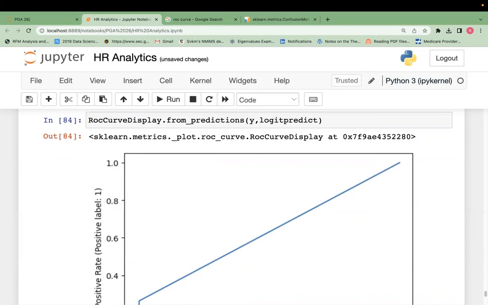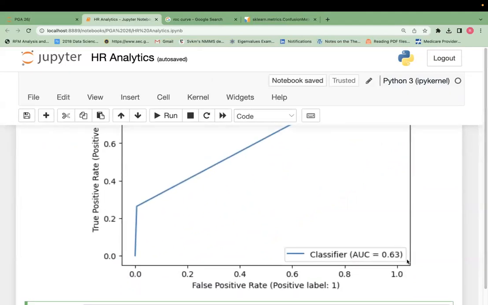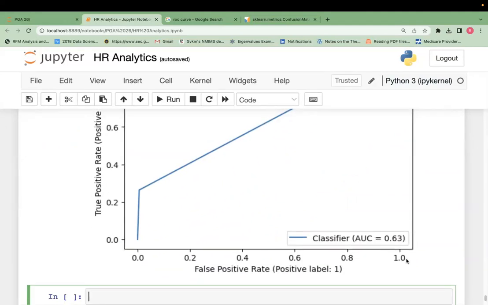AUC should be closer to 1, between 0.70 and 1, but it is less than 0.70. In the bracket you got now 0.63. In the image bracket, you can see the AUC value is 0.63. It should be between 0.70 and 0.95. All classification metrics must be in the range of 0.70 to 0.95: accuracy, sensitivity, specificity, precision, F1 score, recall, everything.